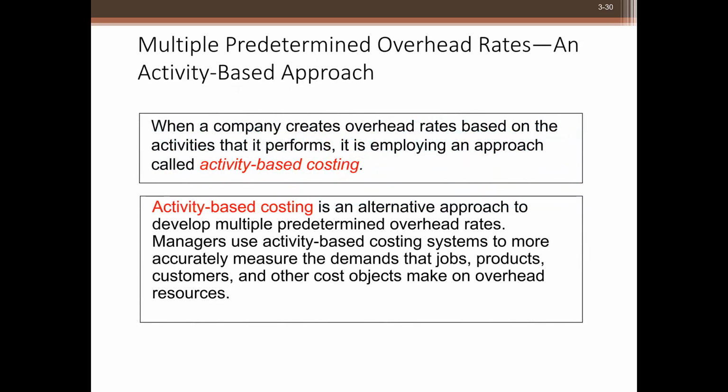Using departmental overhead rates is one approach of a job order costing system, which includes multiple predetermined overhead rates. Another approach is to create overhead rates related to the activity performed within departments. This approach is called activity-based costing, ABC.